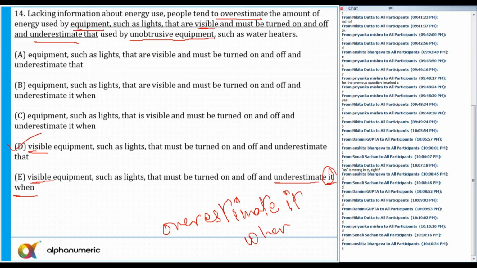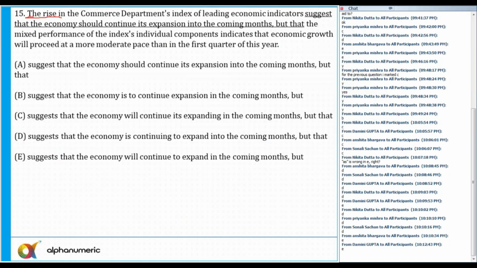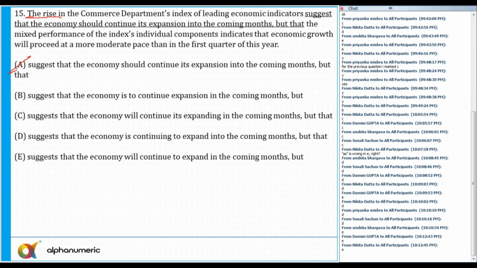Okay. 15. The rise in the Commerce Department's index of leading economic indicators suggests, because our subject is the rise, singular. This is the mistake, that means A and B are gone.